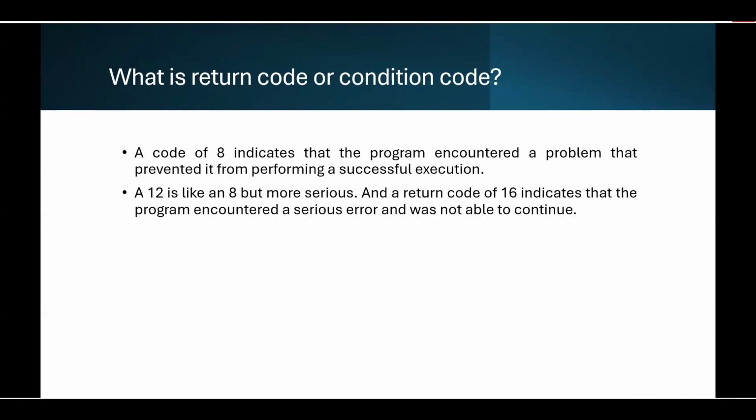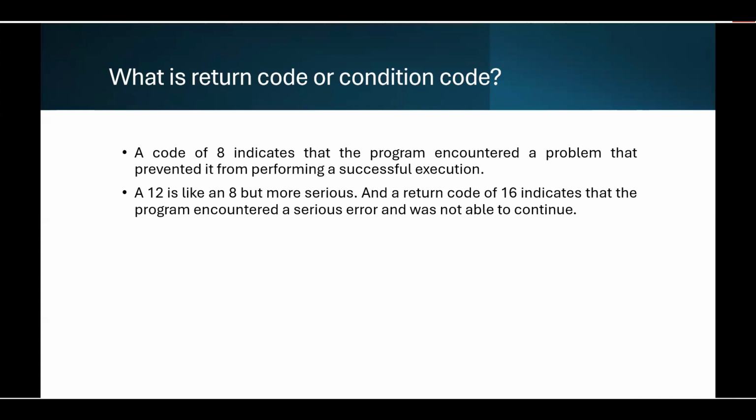So we need to check why we get the return code as 8, and we need to check it in the messages, the JES messages, JCL messages, and from there we get, okay, this is the cause, and by using that cause, we can find the solution for that particular issue.